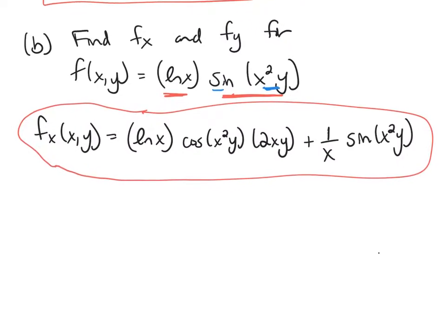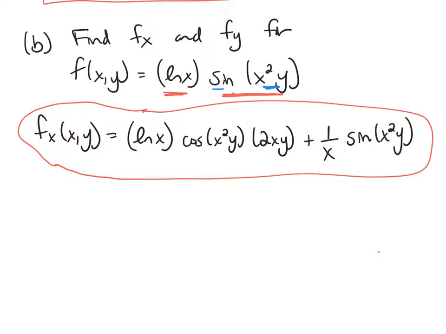So now let's find fy, the partial derivative with respect to y. So I'm going to go back and erase the things I've underlined here. Now, if I look, there's only a y involved in this last term here. So this ln of x in the front is just a coefficient.